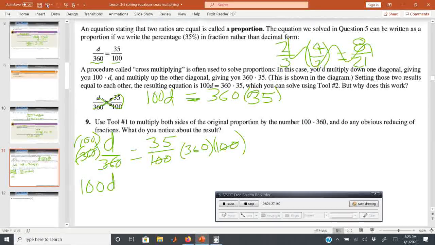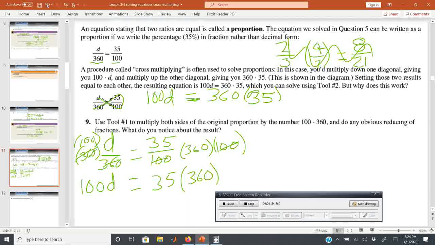And as we did before, the 360 divided by 360 gives you 1. You just end up with D. Now I'm going to multiply both sides by 100. And I didn't leave myself enough room. Hopefully you see I'm multiplying by 100 also.